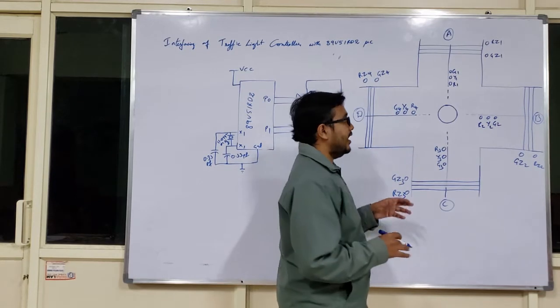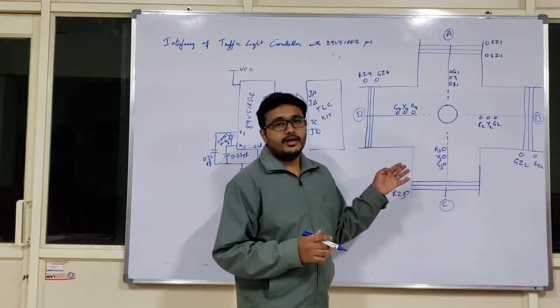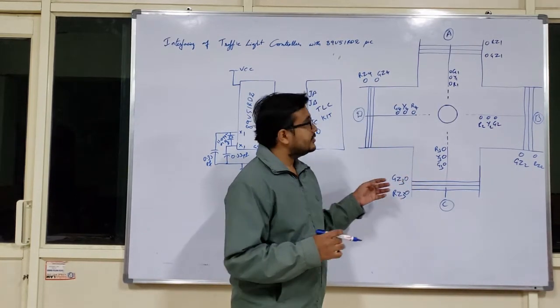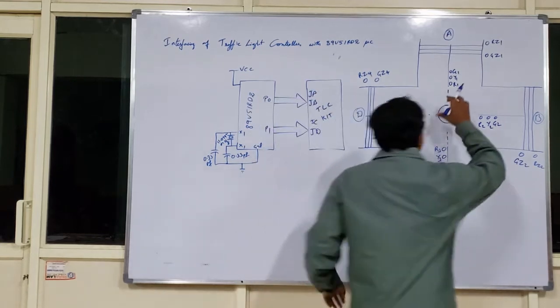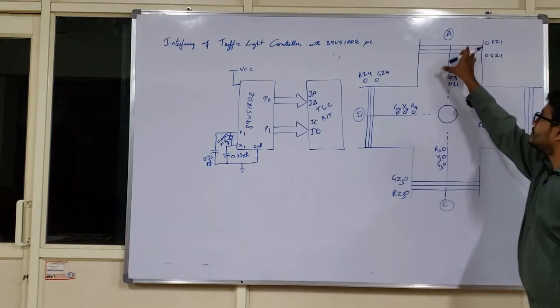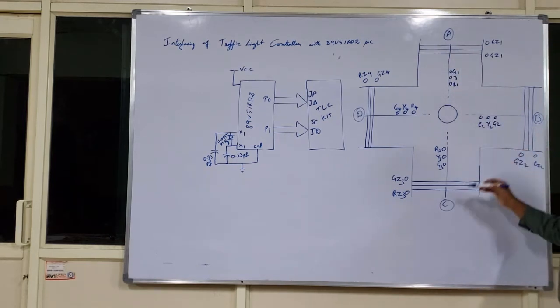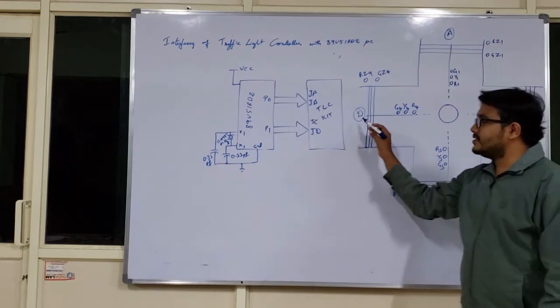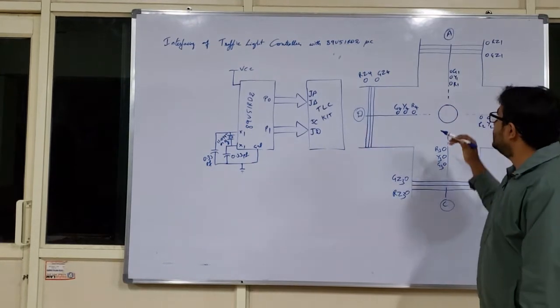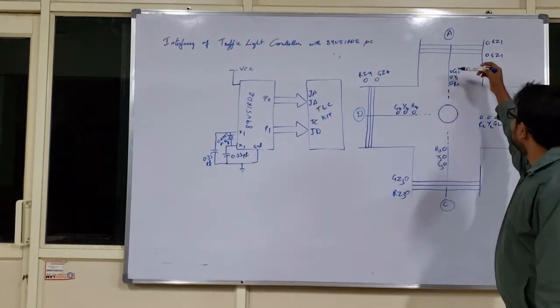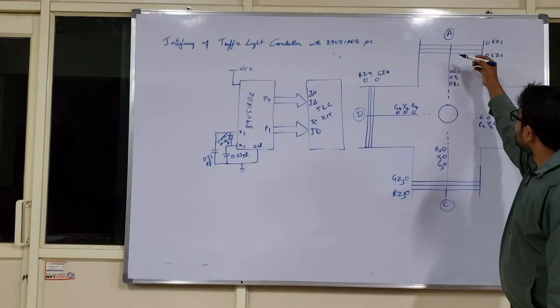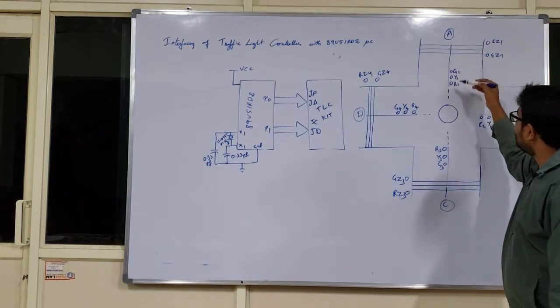Okay, so I am having here a 4 junction road. So I am having 4 roads here; this road I have indicated with the alphabet A, this I have taken as B, this is C, and this is D. So what is happening? The vehicles which are coming from A can take either direction.